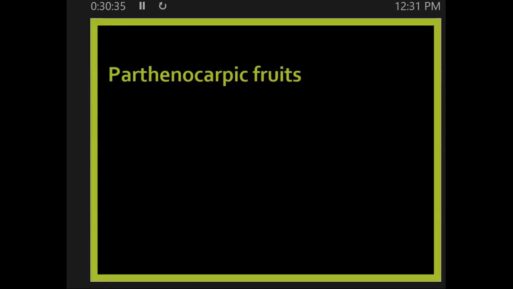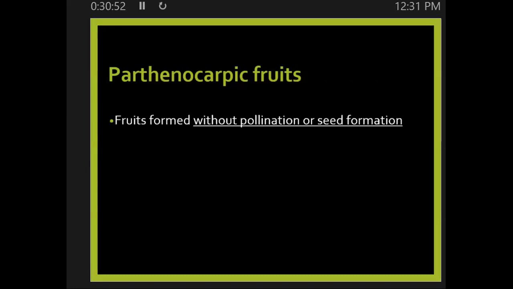Okay, here's an exception. So we said fruit comes from mature ovaries, which means that you have the seeds inside. The seed development occurred because you had successful double fertilization going on. Here, this is the idea where you still get fruits, but it didn't happen with pollination first.